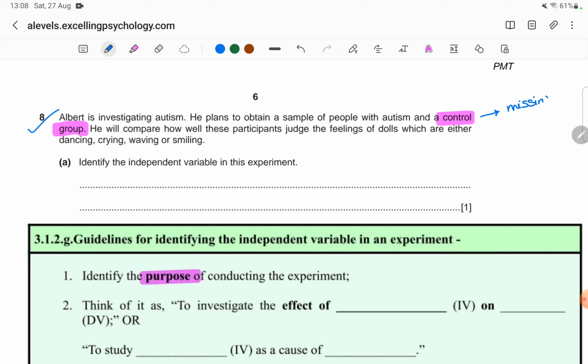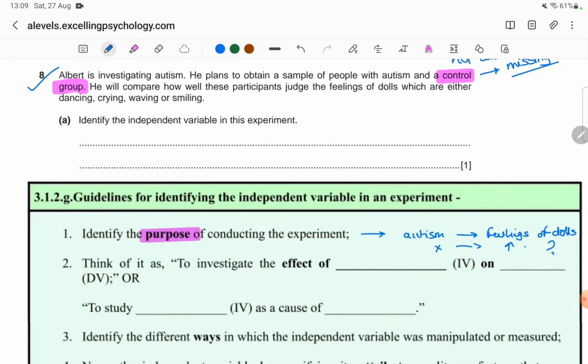Either it's not given a treatment, or it is simply lacking in something. It's not having something that the researcher is directly interested in. So here these are the people who are not having autism. So coming back to the purpose of the study, in my own words, I would say whether people who have autism are able to judge feelings of dolls better, or people who don't have autism are able to judge the feelings of dolls better.